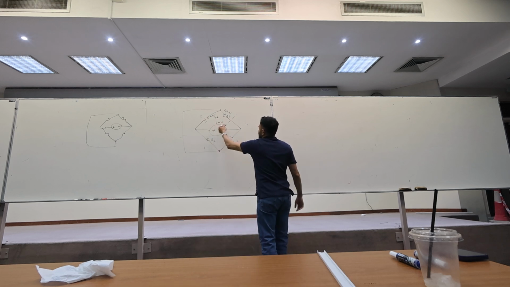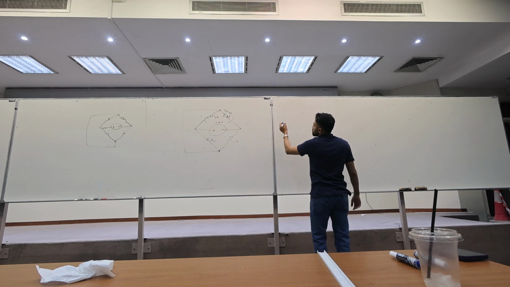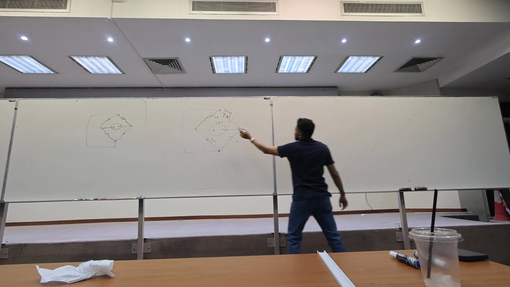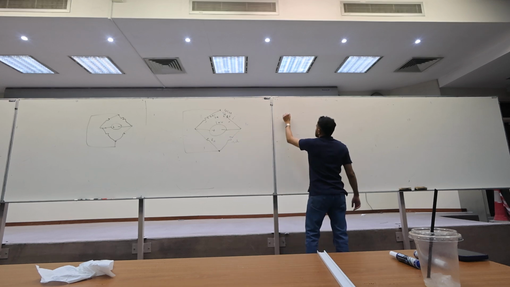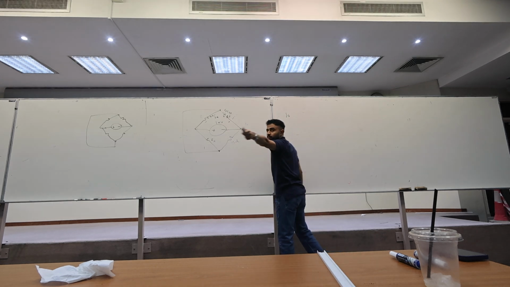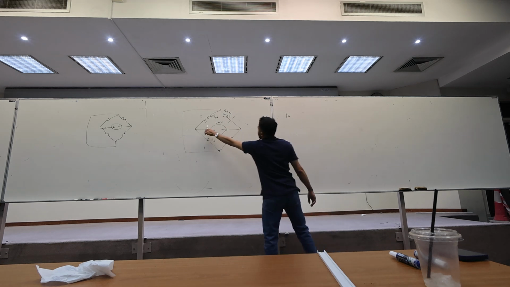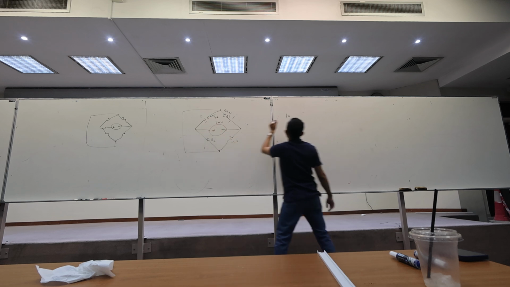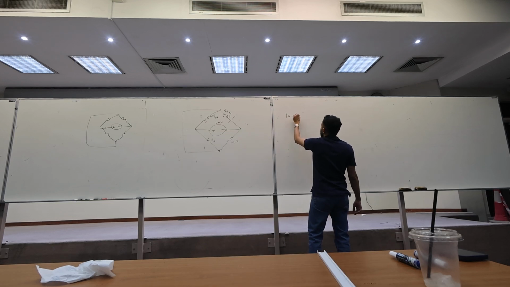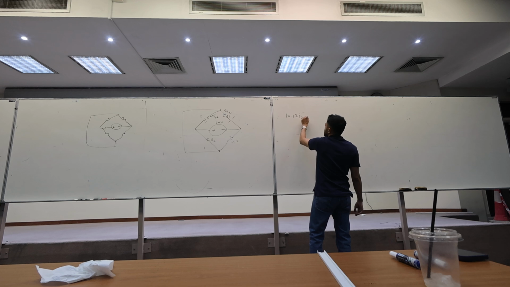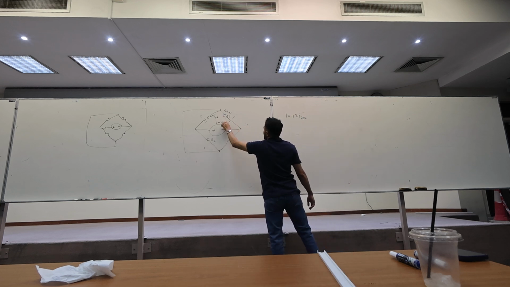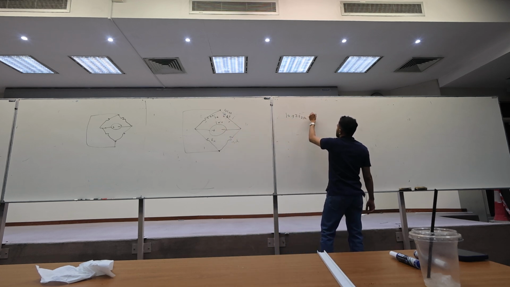So we can do a KVL around the triangle. What we have is a voltage rise of 10, so minus 10. Voltage rise and voltage drop. Plus 2 times I2 ohm, minus 6 times 1.2 equals 0.